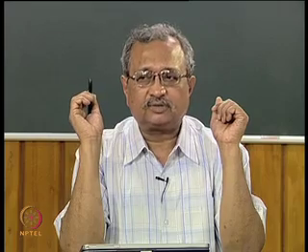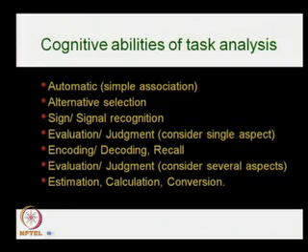Cognitive abilities of task analysis. The aspects we need to consider: automatic, that is simple association; alternative selection facilities; sign and signal recognition facilities; evaluation or judgment, that is considering a single aspect; encoding and decoding of the information present in that object; and recall.